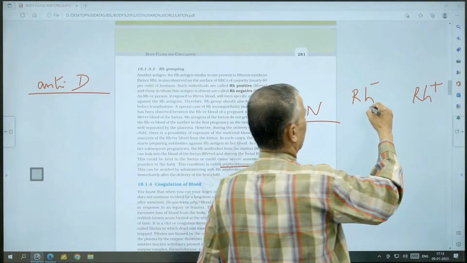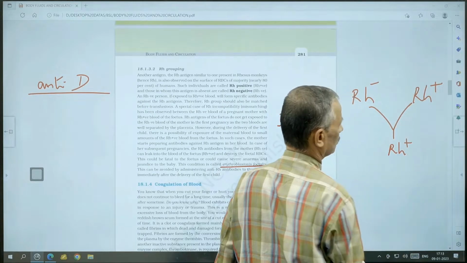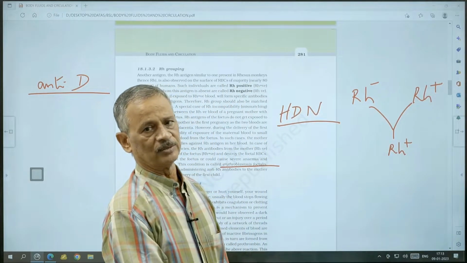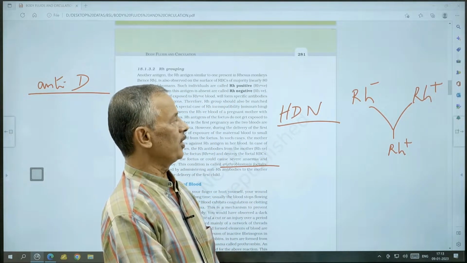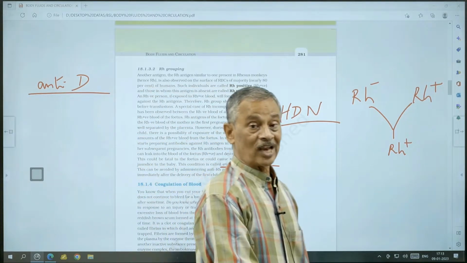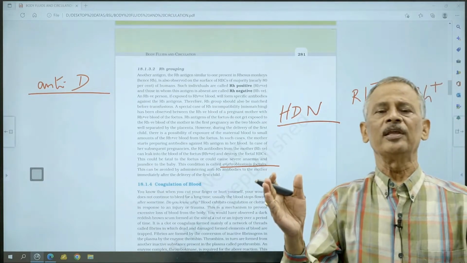They are having a first child which is RH positive. Because the husband is positive, he will be inheriting that gene for the baby, so the baby becomes RH positive. Remember, at the time of delivery, there will be definitely bleeding.